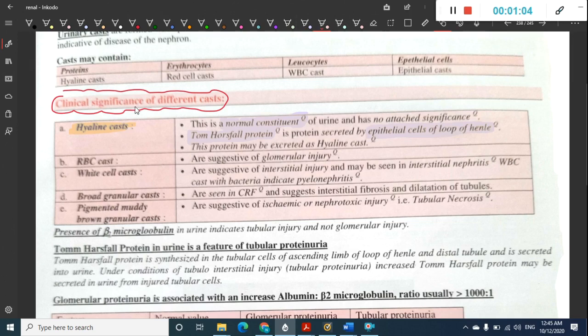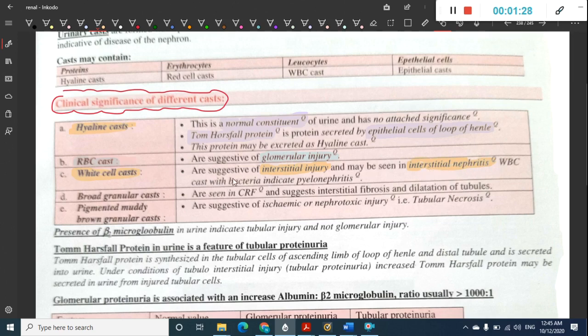Next we have red blood cell casts. These red blood cell casts are suggestive of glomerular injury. Then we have white blood cell casts. These white blood cell casts show interstitial injury, which indicates interstitial nephritis.